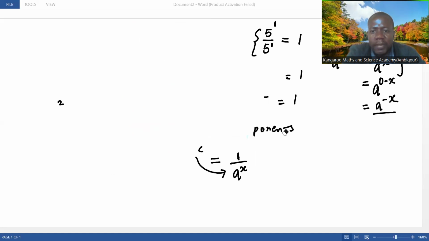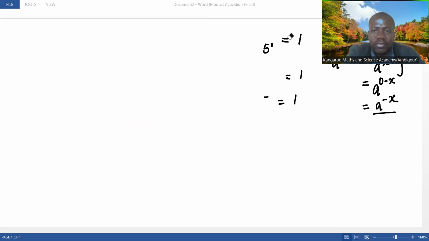Then after exponents, you need to familiarize yourself with surds. Surds are relevant for grade 11 and 12 and beyond; for grade 10 and below, you don't have to focus much on surds.